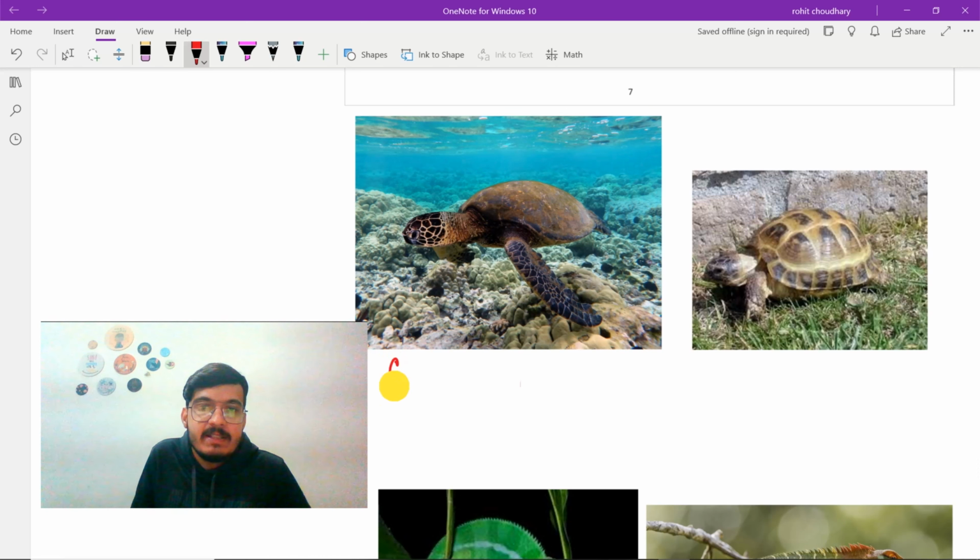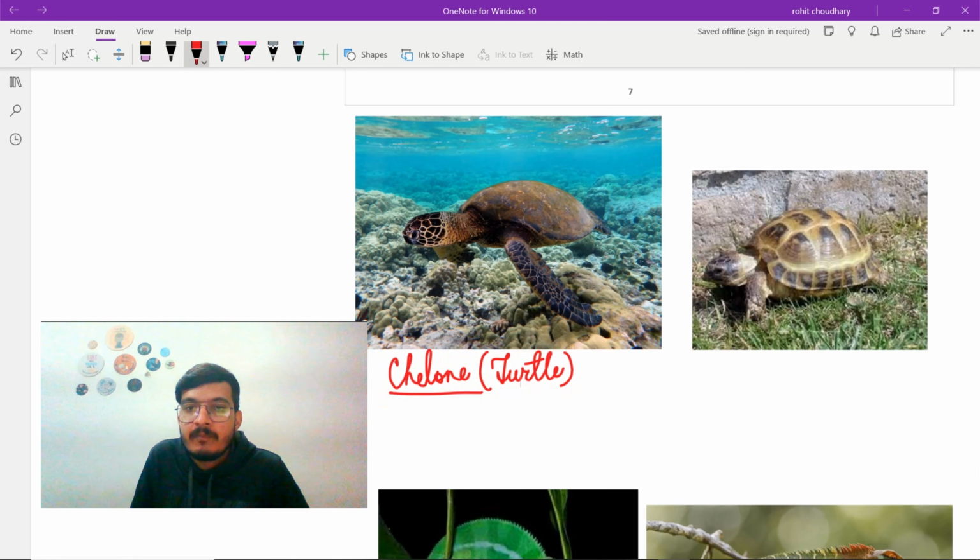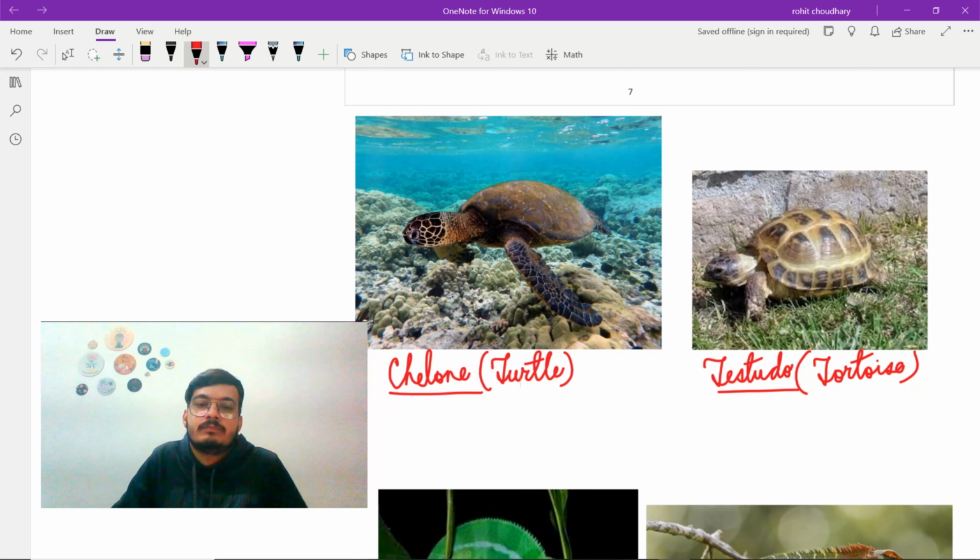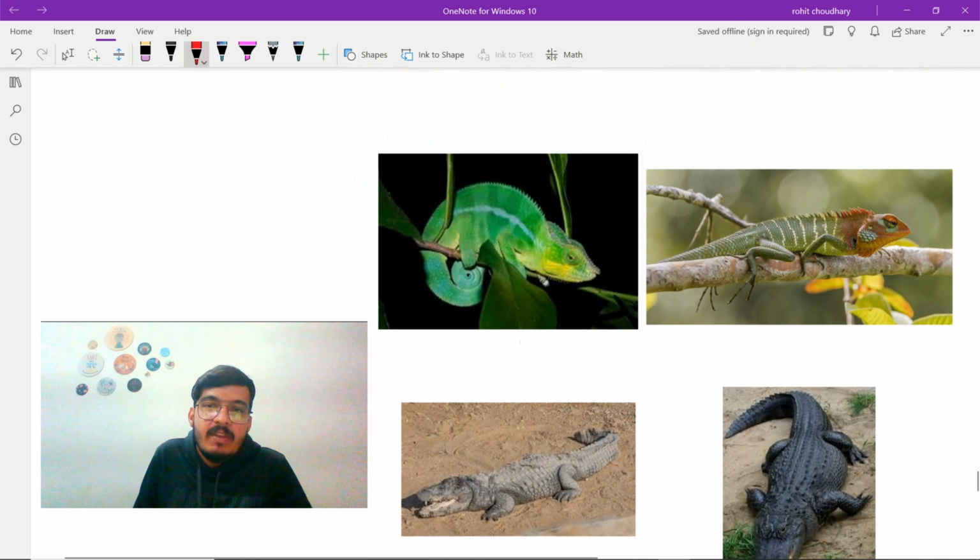The first one is Chelone, commonly known as turtle. It is an aquatic form. As you can see, it is in water. The next one is Testudo, commonly known as tortoise, and it is a semi-terrestrial form. The next one is chameleon.